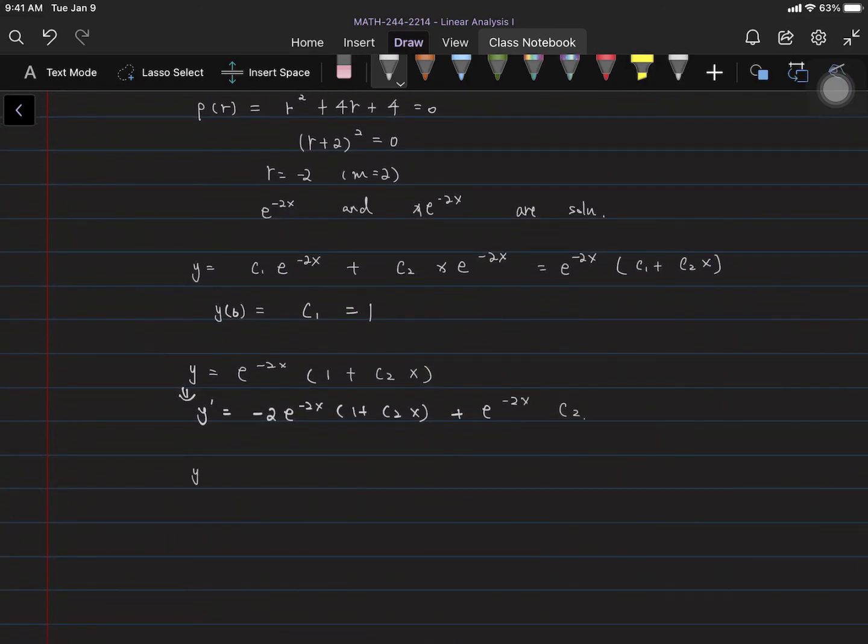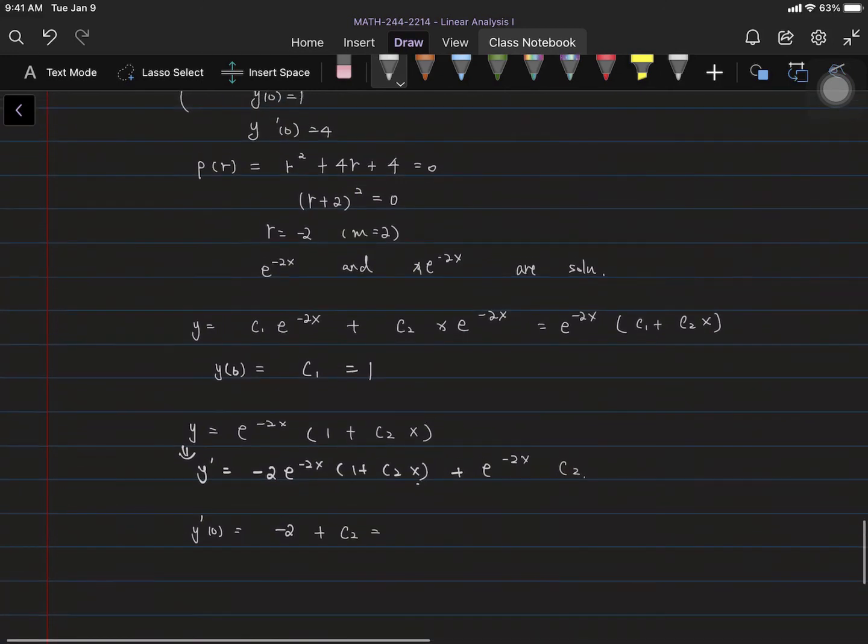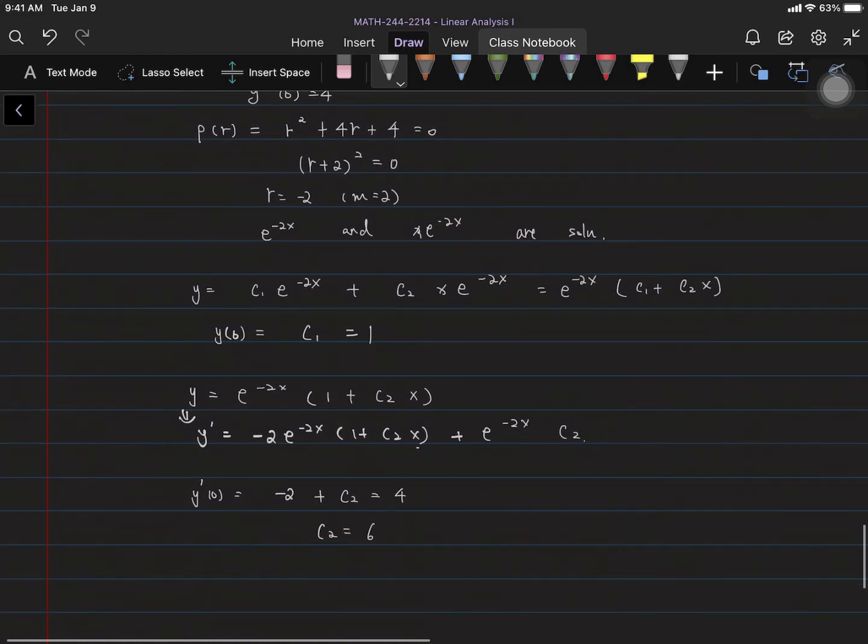And y prime of 0: plug in 0, so it's negative 2 times 1, because the exponent is 0, plus C2. When we plug in 0, it's given as 4, so we get C2 equals 6. And we have C1 and C2.